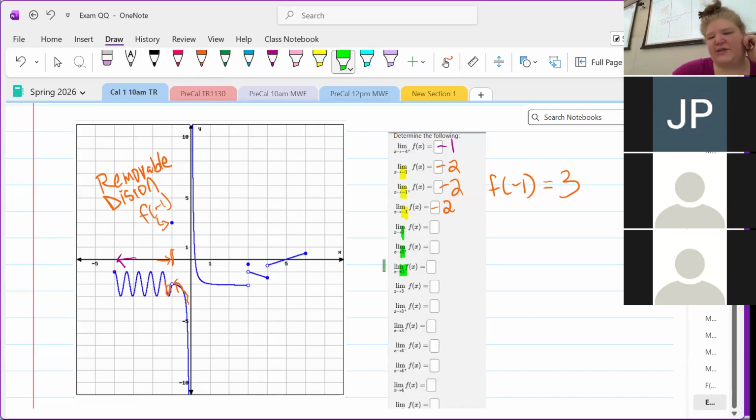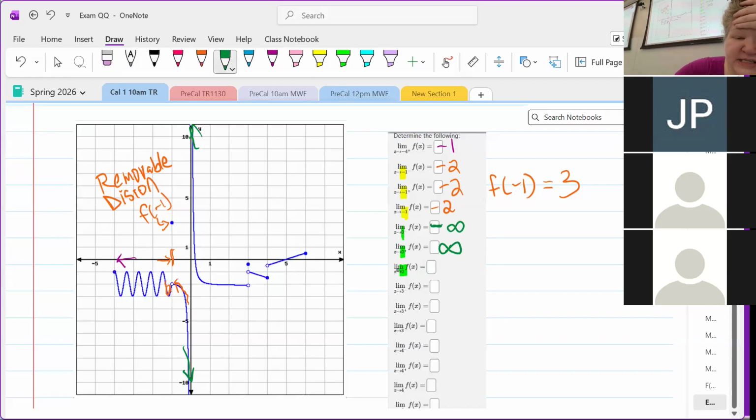All right, now we've got our 0 value. So our limit from the left, well, the graph is going down. So that's a negative infinity. And the limit from the right is going up, so that's positive infinity. Let me make that negative a little more obvious.